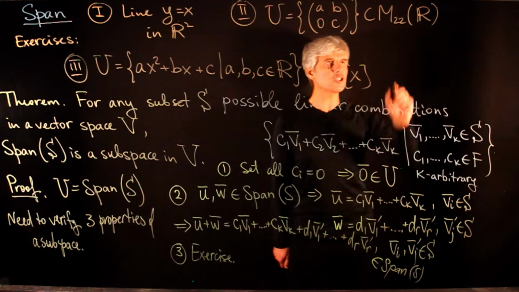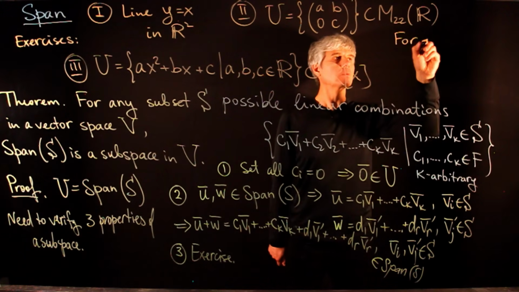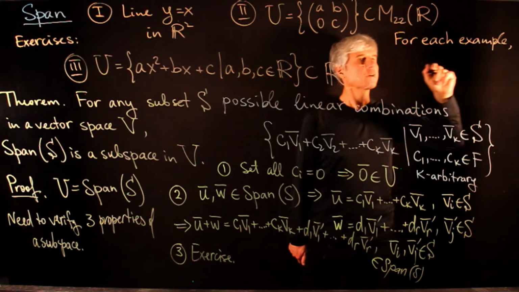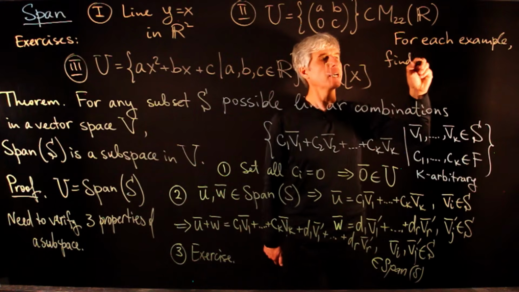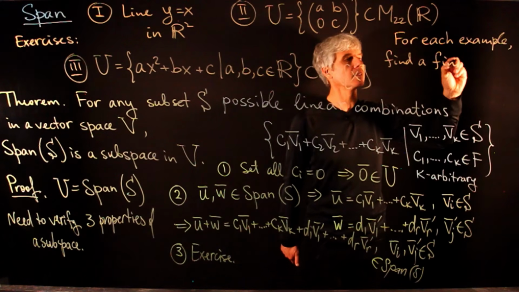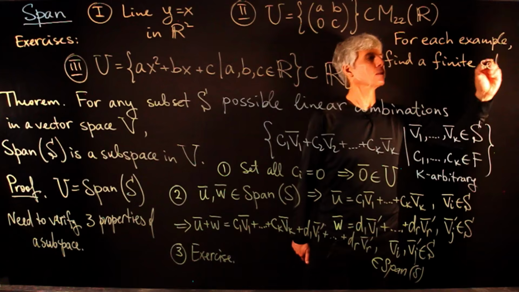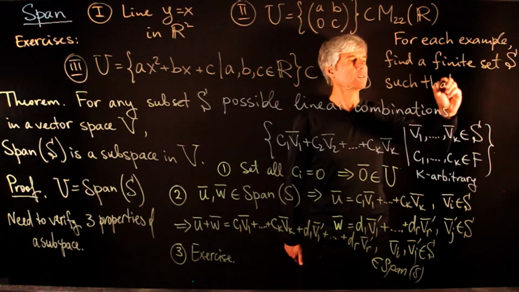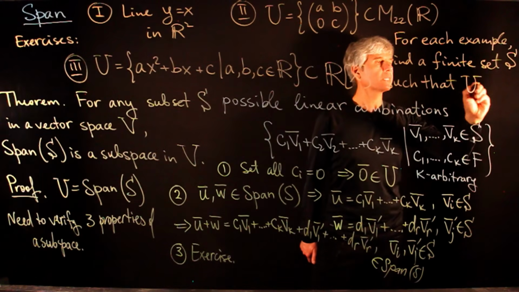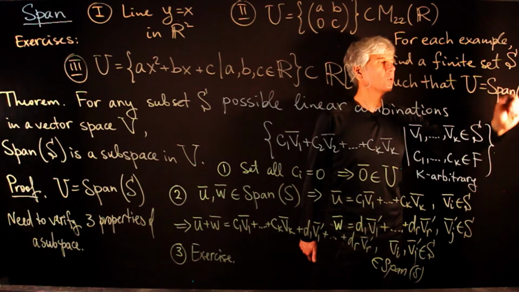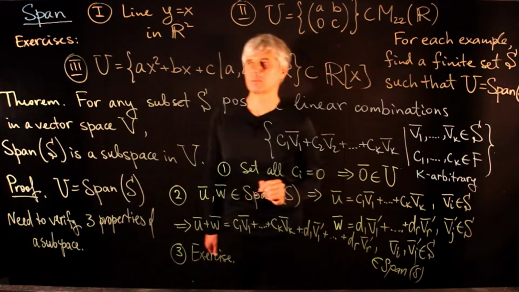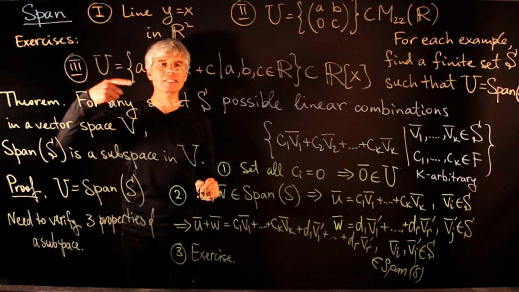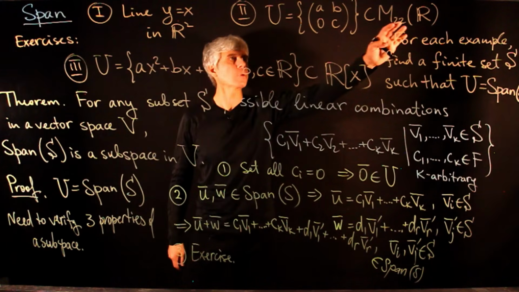And for each example, find a finite set S such that U is span of S. So in each of these examples, find a finite set of vectors in the vector space in question, right?